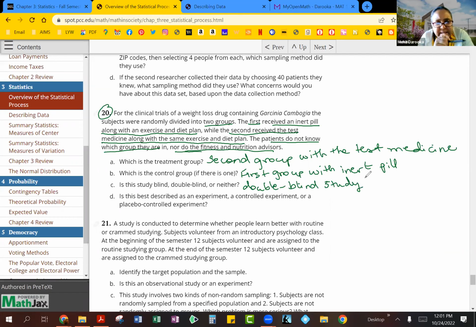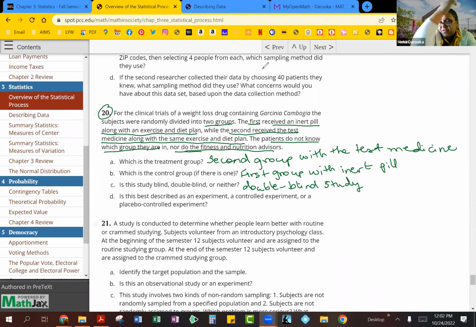And then the last one, is this best described as an experiment, controlled experiment, or a placebo-controlled experiment? Okay, so let's see. I've got Amanda with controlled. Terry, you said placebo-controlled, and Michael, you are also saying, yeah.